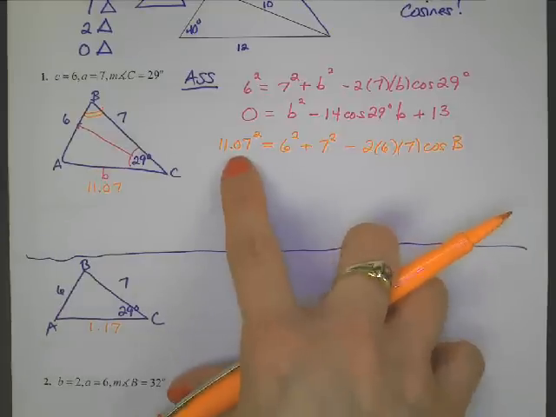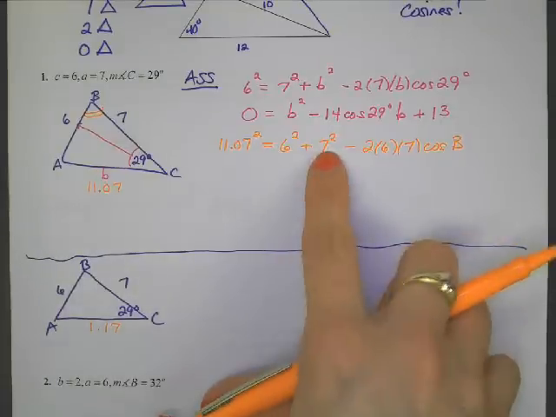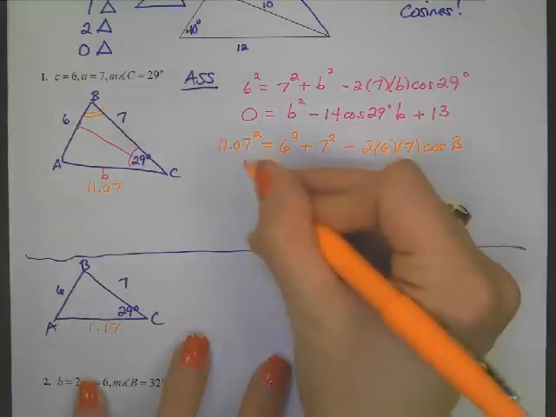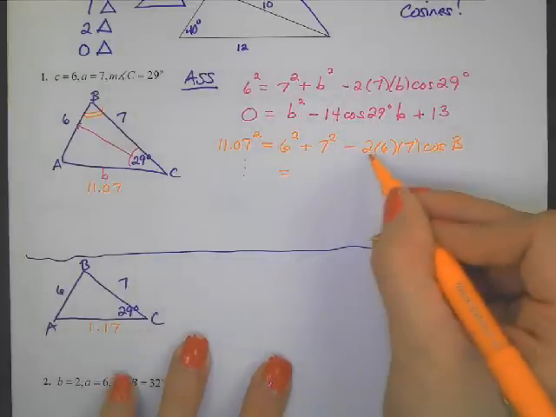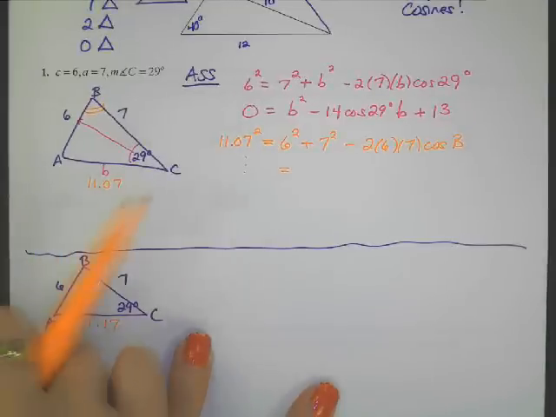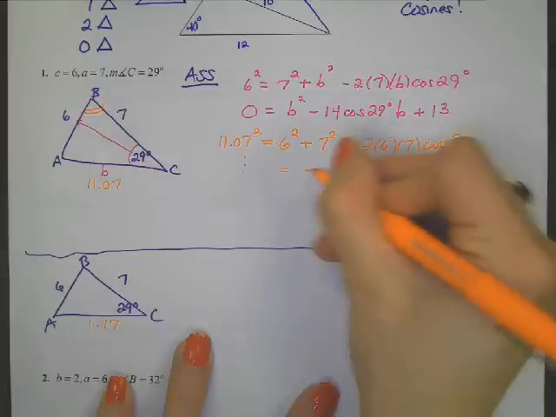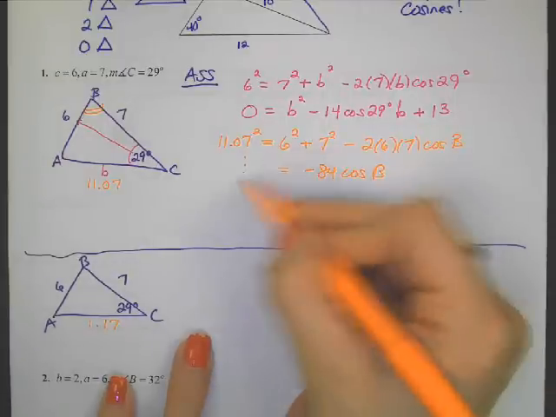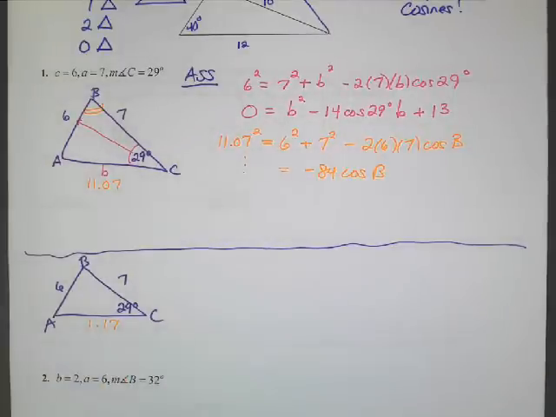It's the angle. Please type that squared, subtract that squared, subtract that squared. Then we're going to divide by all that. When you're doing your work, 2 times 6 times 7. This is negative 84 cosine of B. So all the work that you get there, then you have to divide by negative 84.